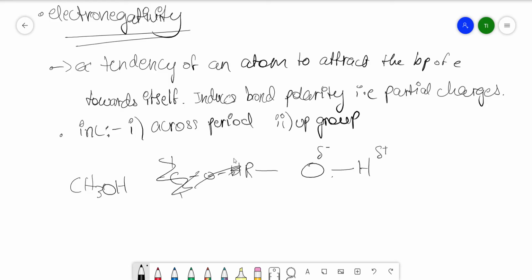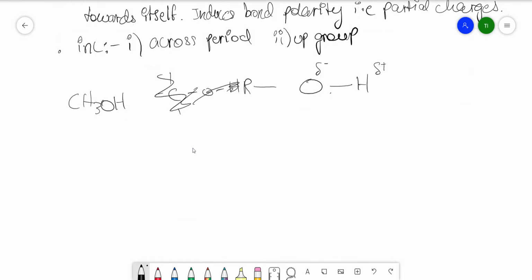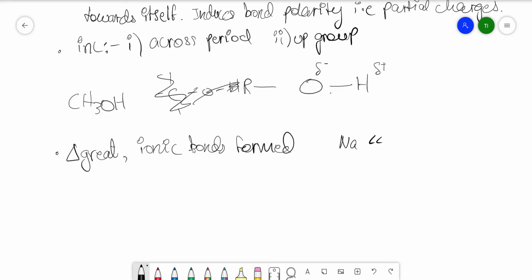The electronegativity values, for your syllabus, you do not need to know, but what's important is that when the difference is great, ionic bonds are formed. So let's say the electronegativity of Na is much less than that of oxygen, and therefore an ionic bond is formed.